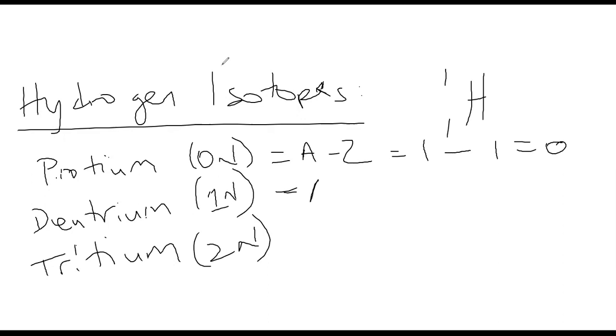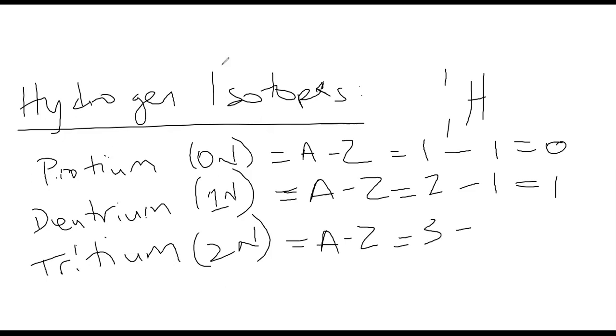So we go with A minus Z in the second one. What is going to be your mass number here? If you want 1 neutron, your atomic number is always going to be 1, so your mass number is going to be 2. 2 minus 1 is 1 neutron. If you want 2 neutrons, A minus Z again, you're going to be 3 minus 1, which is 2.